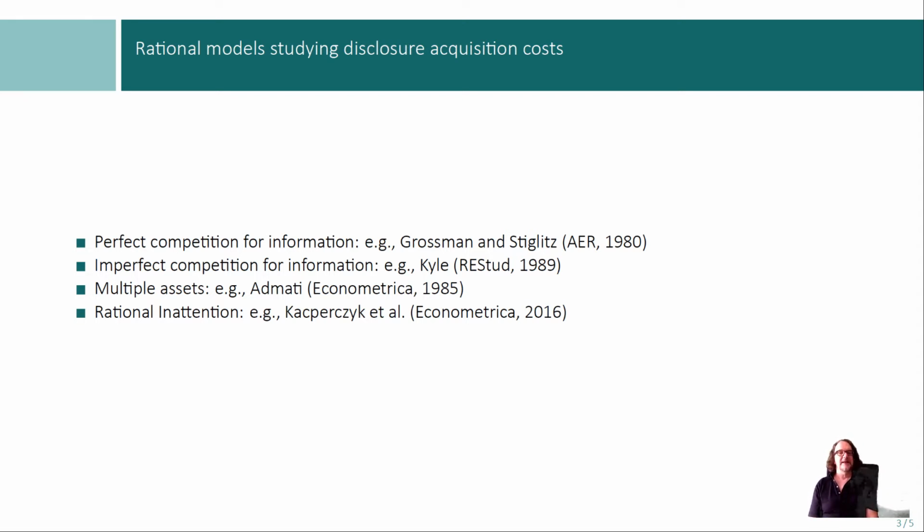So now there's another class of models that explicitly seeks to study why it can be rational not to use all information that is out there, even if it is relatively low cost. And these models are called rational inattention, because they explain why agents actually decide not to use information, although they are rational. And there's a seminal paper by Kacperczyk, Van Nieuwerburgh, and Veldkamp in Econometrica 2016 that studies this behavior against the background of the mutual fund industry.